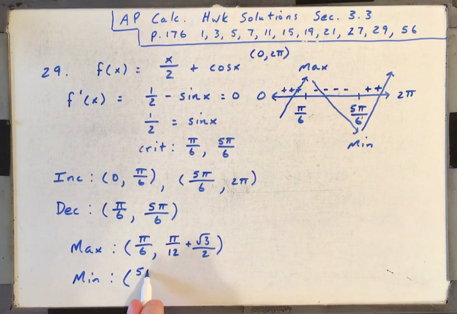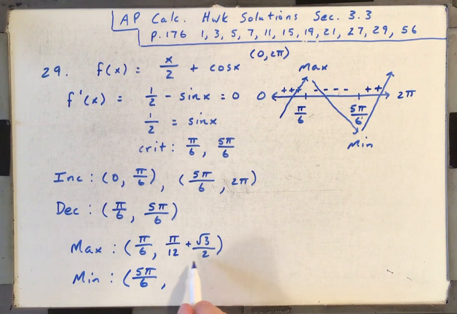And then 5 pi over 6. Well, I don't know what the book does, actually. I haven't looked at the book. They may turn this into 6 root 3 over 12 and then put it all in one fraction, but it's fine. 5 pi over 6, so that's going to be 5 pi over 12.